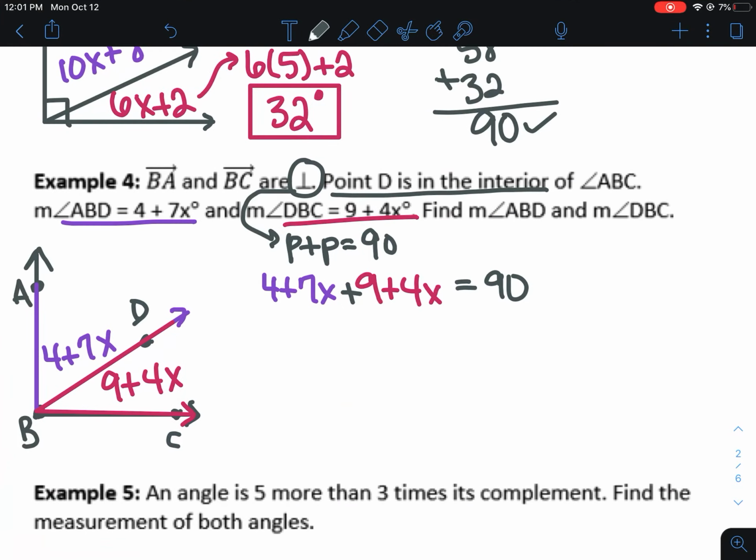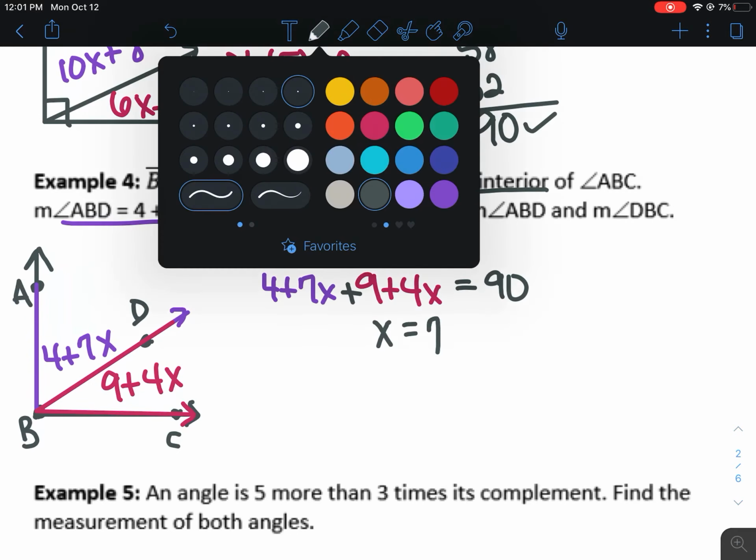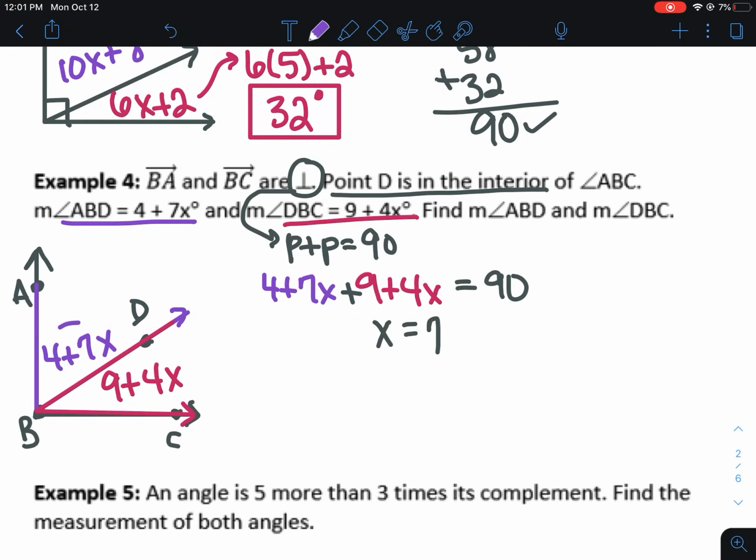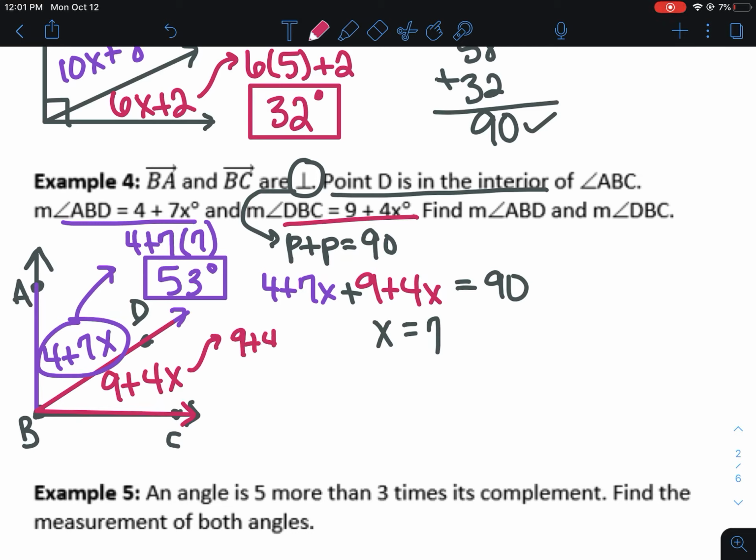So that means x equals 7. So we're going to go ahead and plug that in. So for this guy, that's going to be 4 plus 7 times 7, which is 53 degrees. And then the second angle is going to be 9 plus 4 times 7, which is 37 degrees.